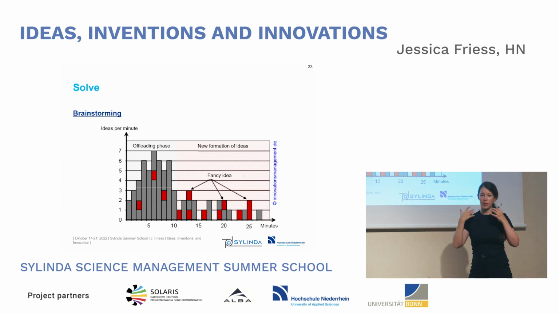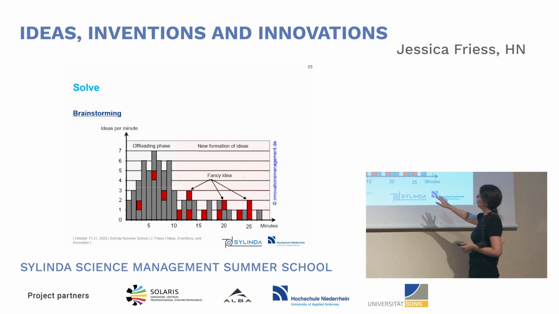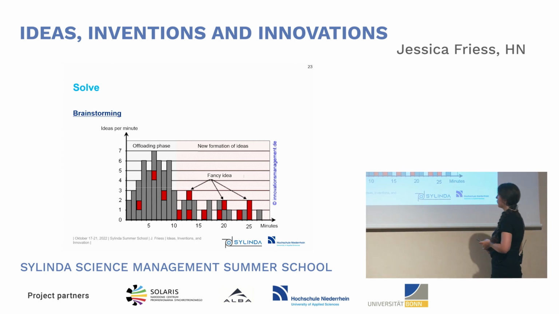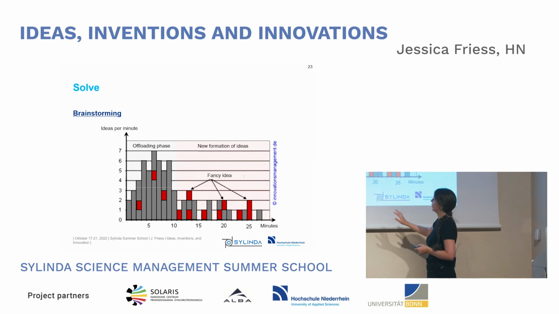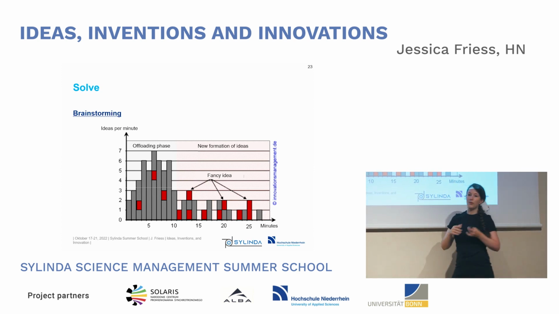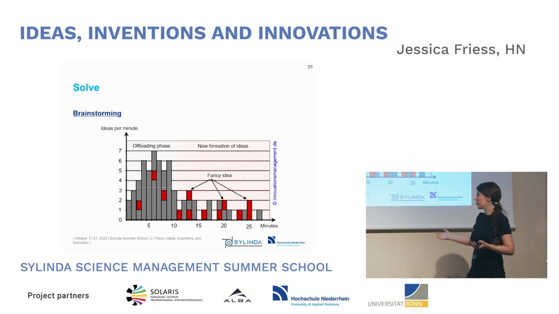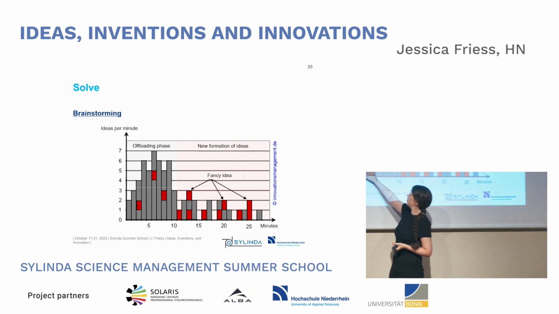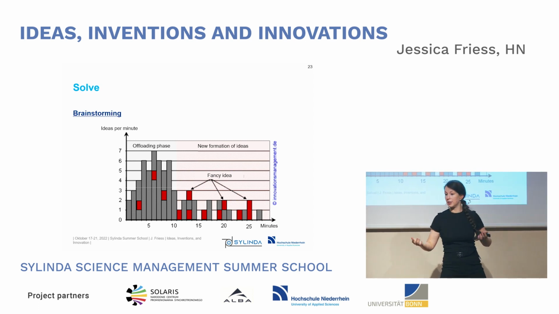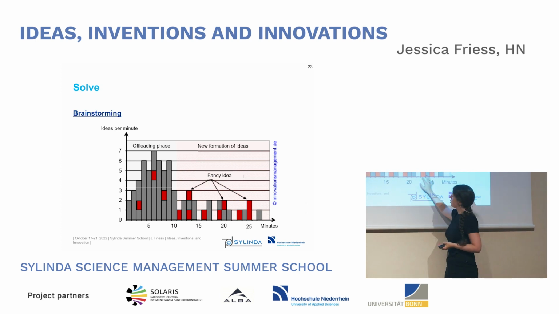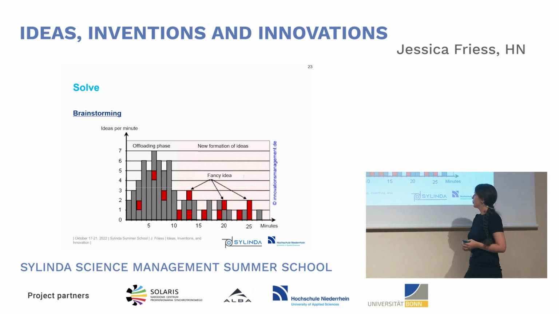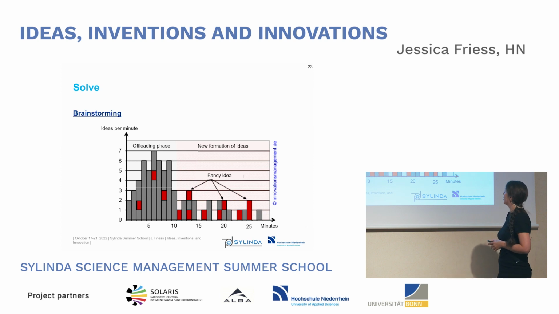After a time, everybody has put a lot of effort into this work, and then fewer ideas come. But out of experience, after thinking for a while, more fancy ideas come up. Maybe it can even happen that one of the ideas from the beginning is the best idea at the end. But usually you should take some time to get also some fancy ideas at the end.